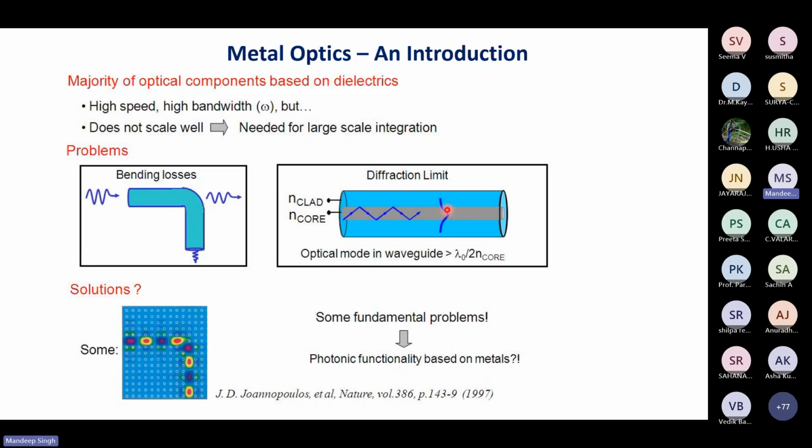In this diagram there is some mode size, and the optical mode in this type of waveguide must be greater than lambda naught divided by 2 times n core, where lambda naught is the operating wavelength. If you do not satisfy this condition, the mode will decay out and you will not get the output. So there is a diffraction limit for optical fibers.